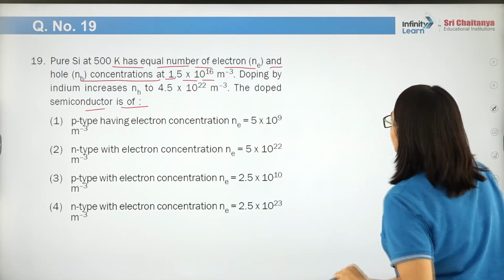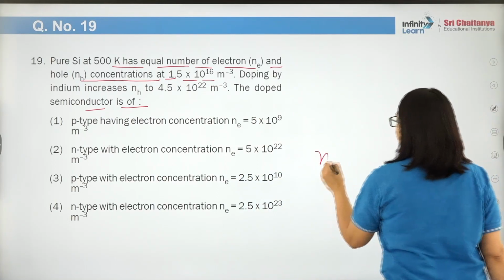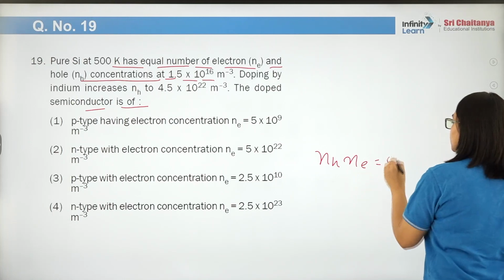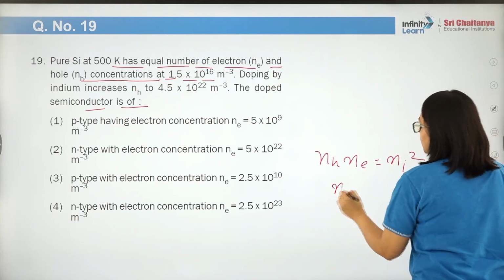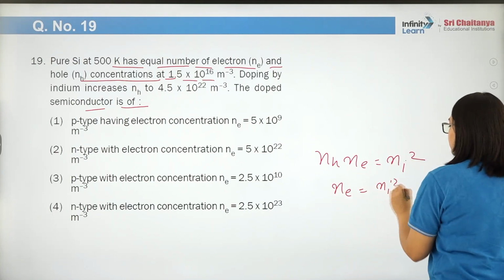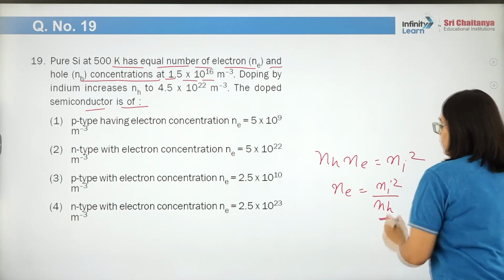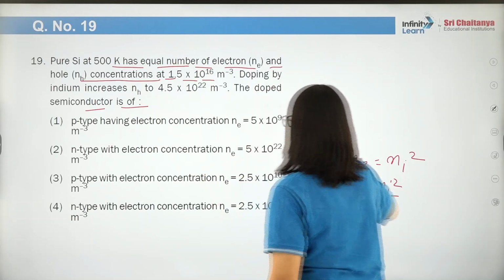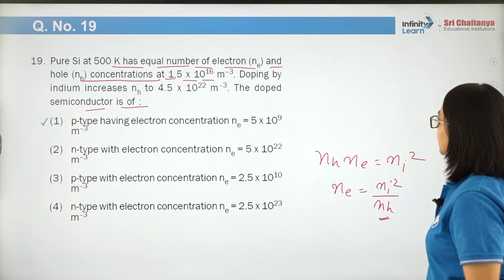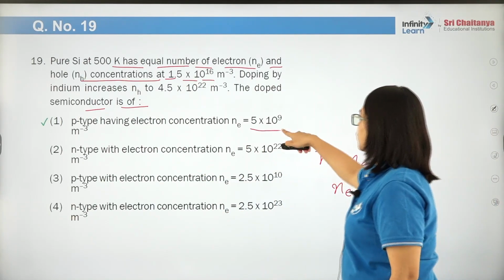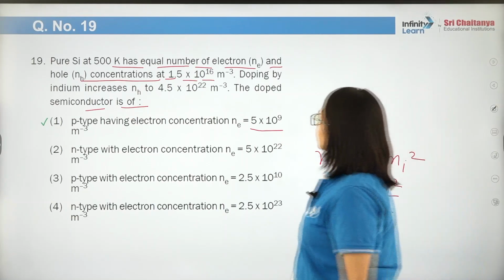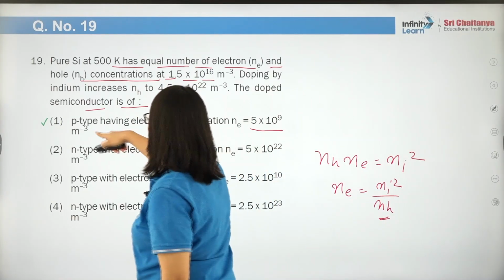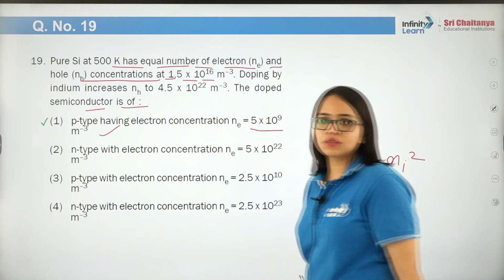So over here Nh into Ne is equal to Ni square. So Ne will be Ni square by Nh. Put the value of Ni as this one and Nh to this one, you will get Ne, and that will be 5 into 10 power 9 per meter cube, and the doped semiconductor over here is of p type, right? So correct answer is option 1.